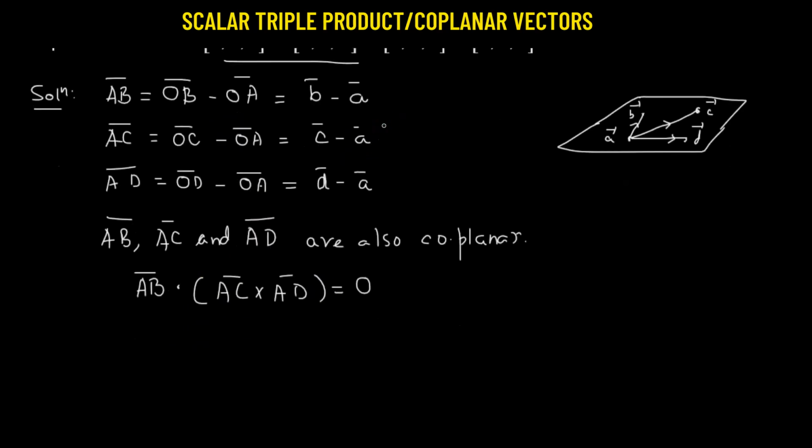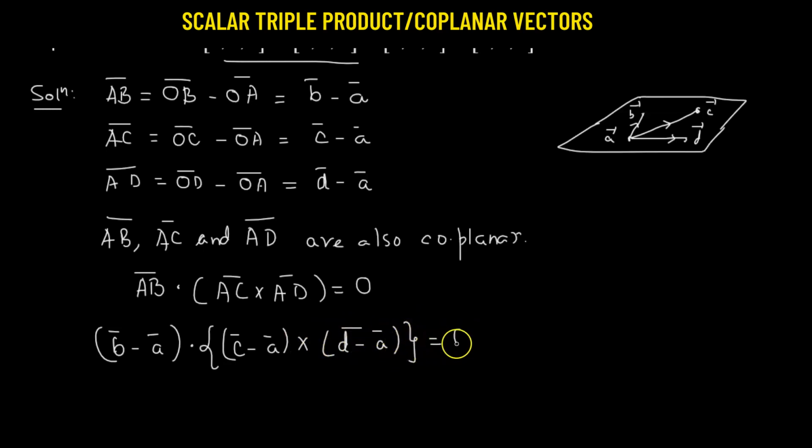So let's do that. AB vector will be B vector minus A vector, dotted with the cross product of AC vector, that is C minus A vector, crossed with AD vector, that is D vector minus A vector.